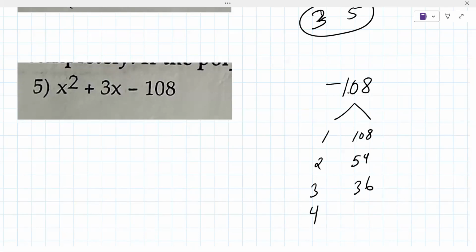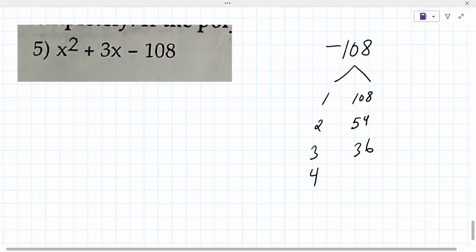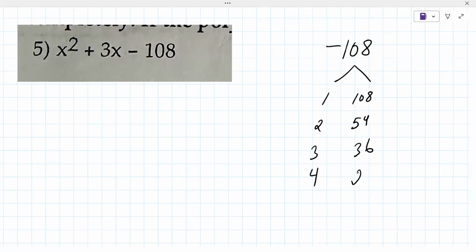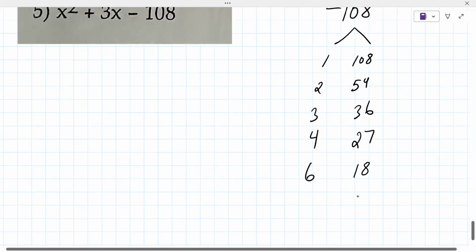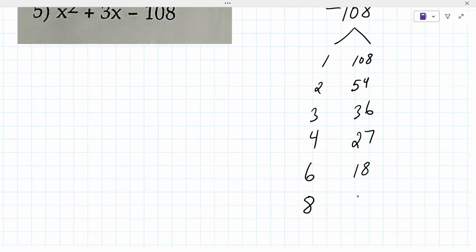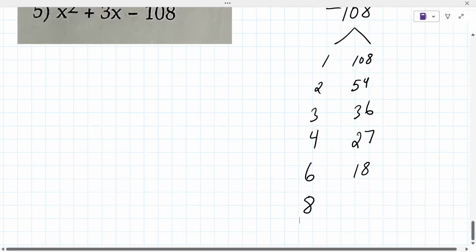Does 4 work? 27. Does 6 work? 18. Does 8 work? No, it does not work. Does 9 work? 12.